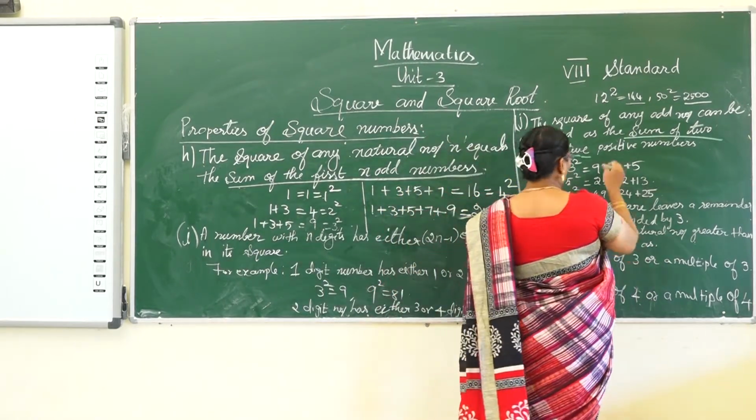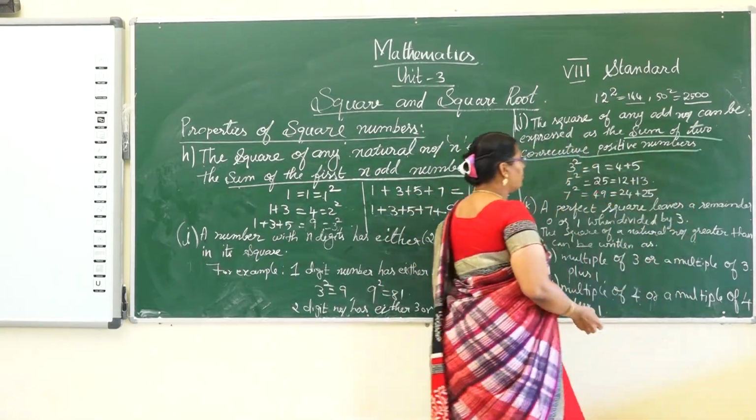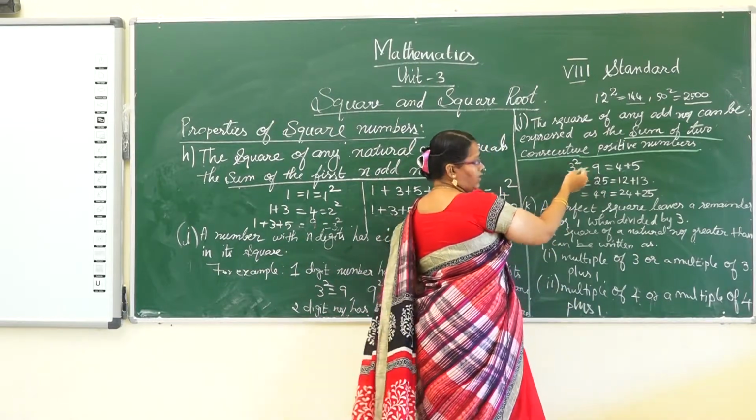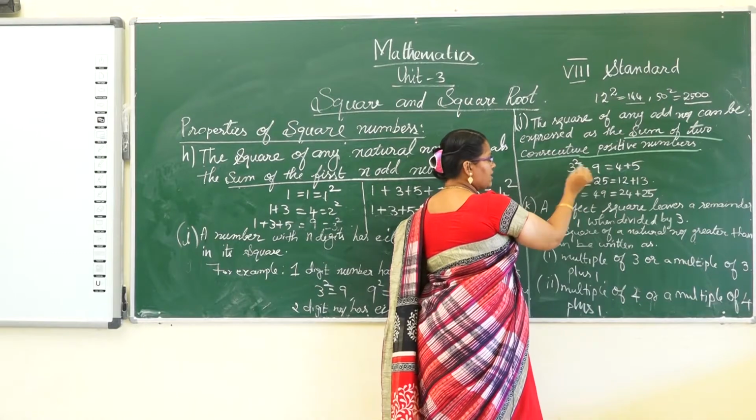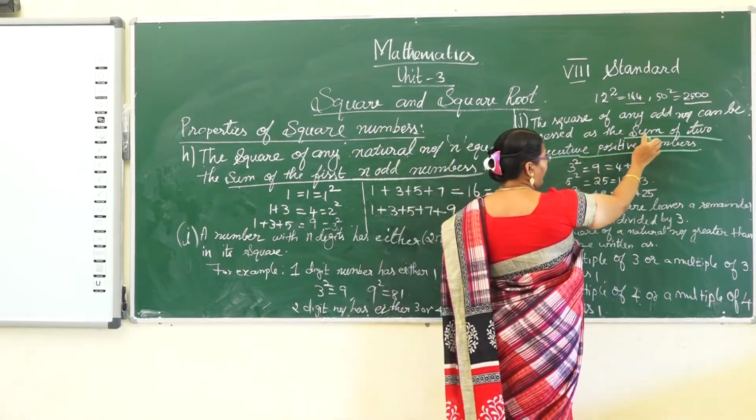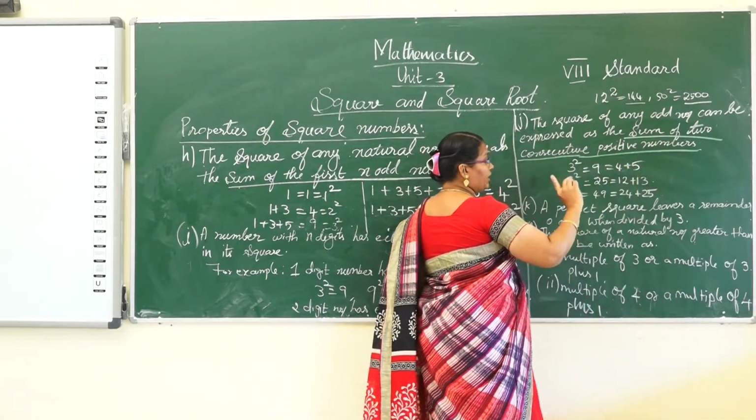So 3 square is an odd number squared. 3 square value is 9. How do you write it? As the sum of two consecutive terms.